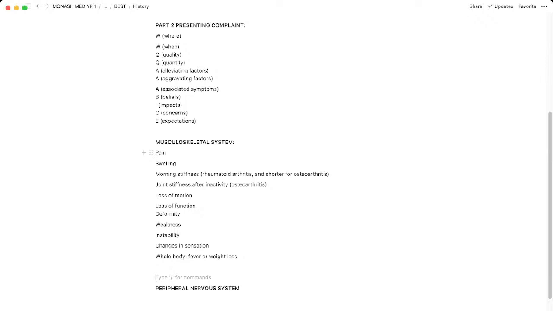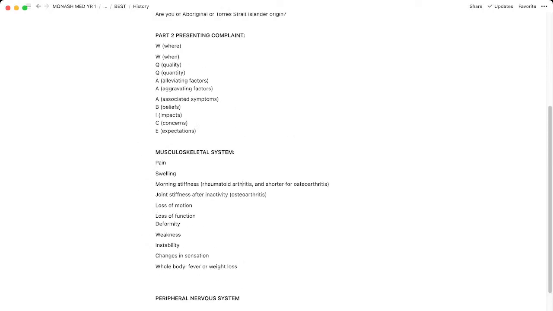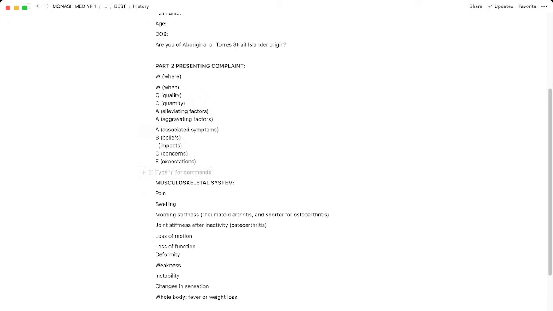Forgot that. Where should I ask that? I need to ask. There's something else. There was like whether the pain radiates. Where? It's radiation.